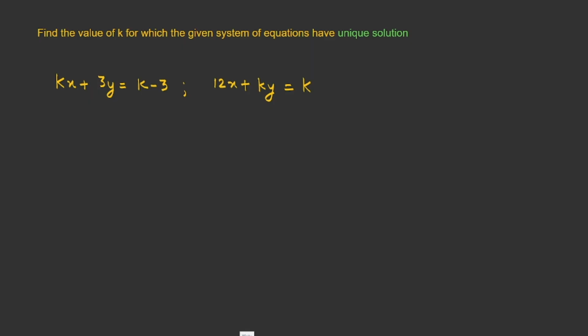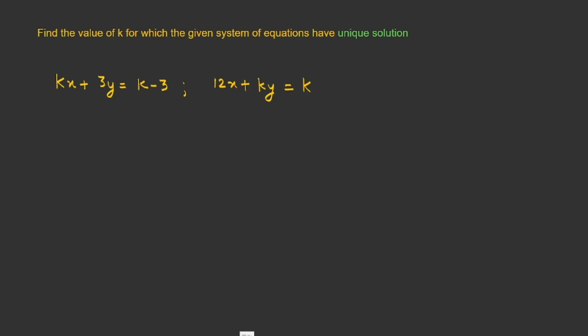Okay, so let us see this question. Find the value of k for which the given system of equations have unique solution. Kx plus 3y is equals to k minus 3 and 12x plus ky is equals to k.